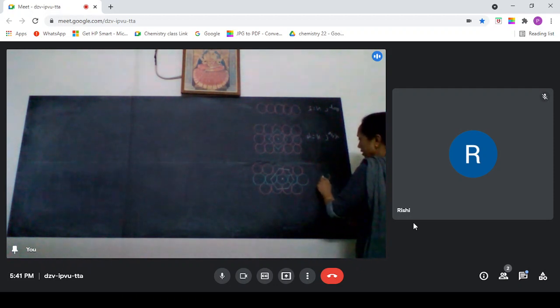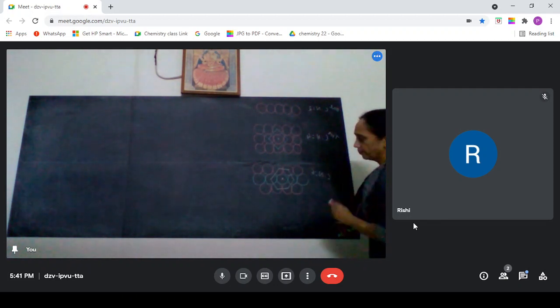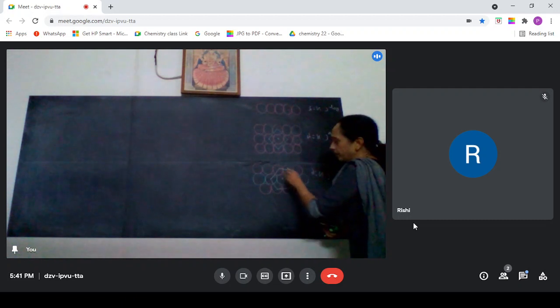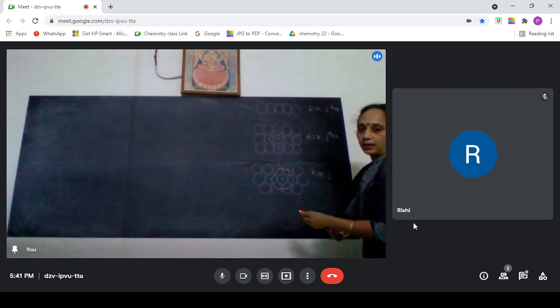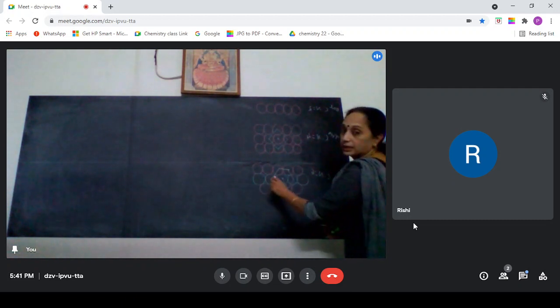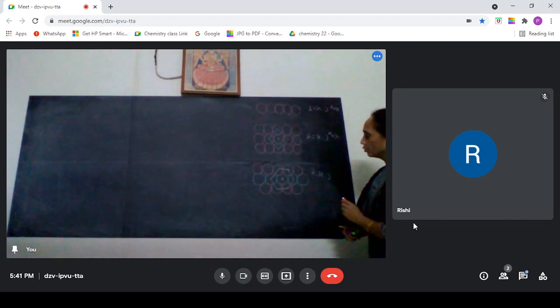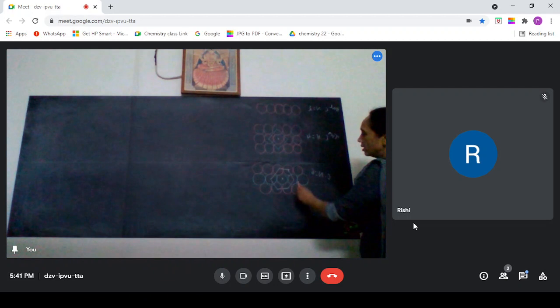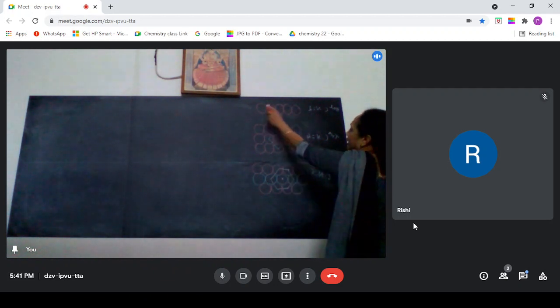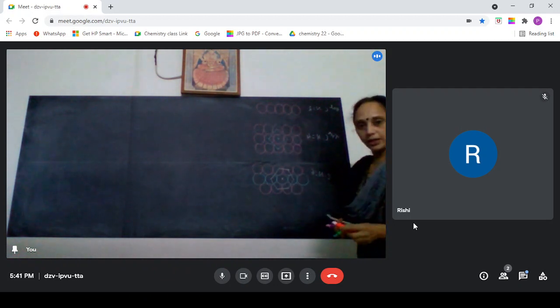So, the coordination number will be 6. And if you join them, it will form a hexagon. So, this is called hexagonal close packing in 2 dimensions. So, this is in 1 dimension, this is in 2 dimensions.